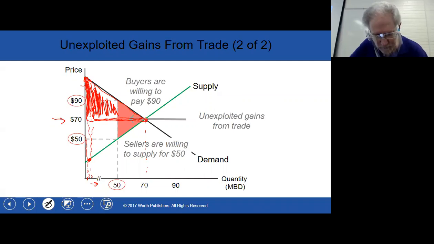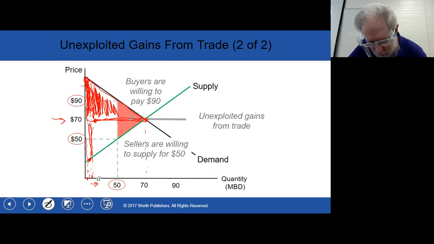Next unit, well, his cost is a little bit higher. He requires a higher price, as you can see on the supply curve, but he gets the same equilibrium price. So on that second unit, there is a producer surplus, not quite as large as for the first one. Okay? But it's still very significant.